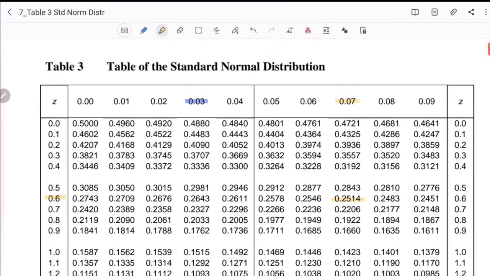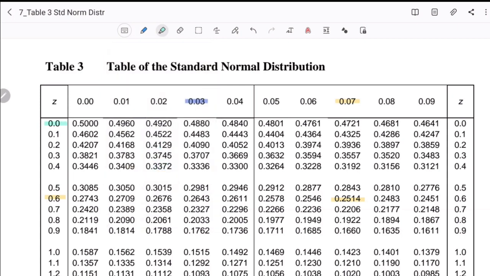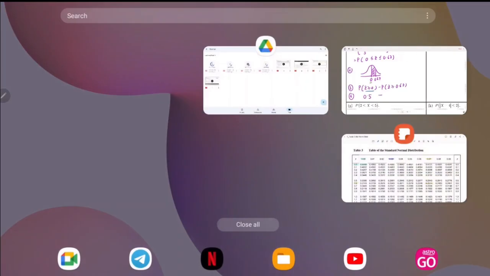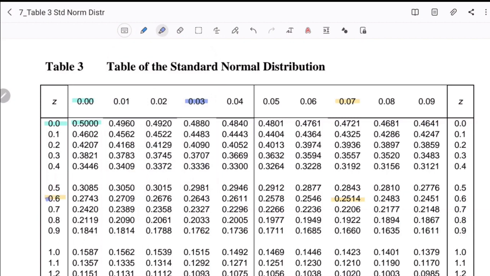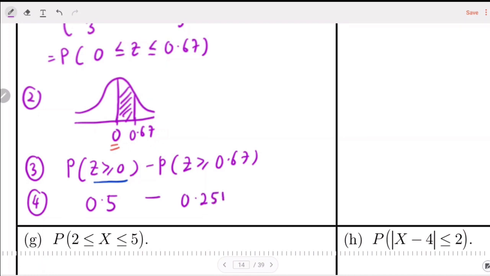So for 0, it means here 0.00, which is 0.5, and then minus 0.67. 0.67 means 0.6, and then for the second decimal up there, 0.67 is 0.2514. Calculate and you get the answer.